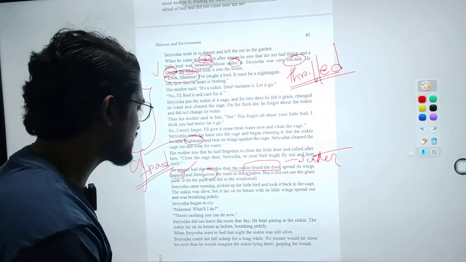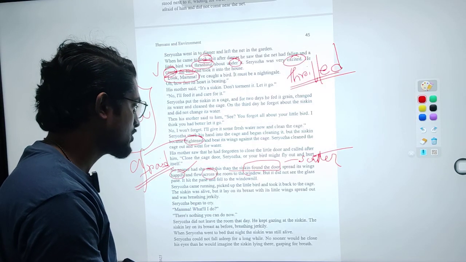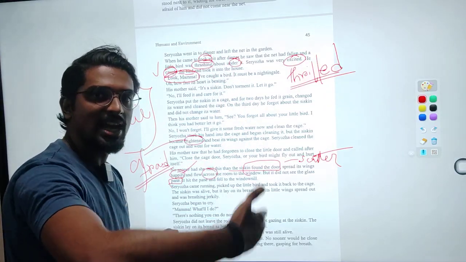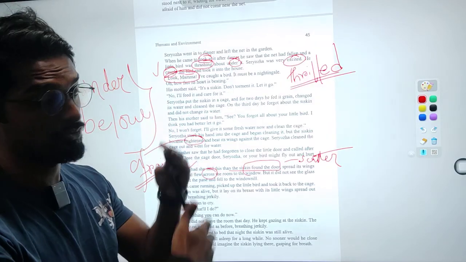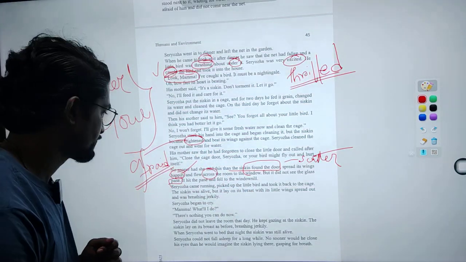Across is a preposition. It flew to that window but it did not see the glass pane and hit the pane and fell to the window sill. There's a glass pane, অর্থাৎ যে জানলার কাঁচ সেটি সে দেখেনি এবং জ্বলেছে সেখানে, because it was so transparent, and hit itself.